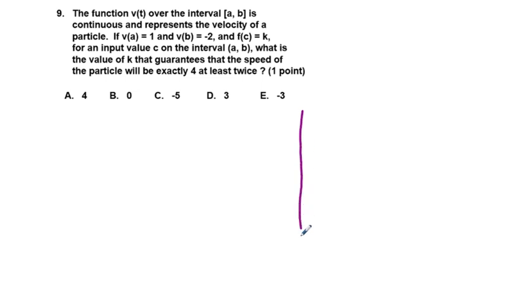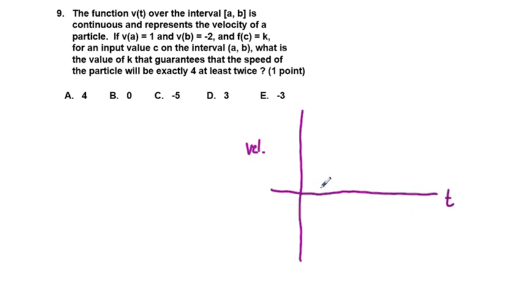So for that, if we just draw a graph where we have velocity, and we just have the input value, we'll call it t, since it says v of t.